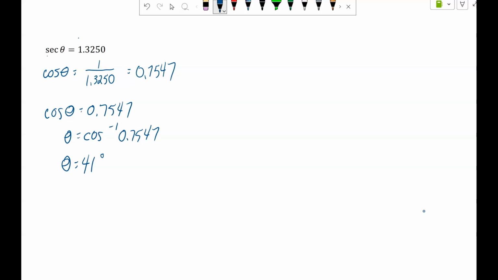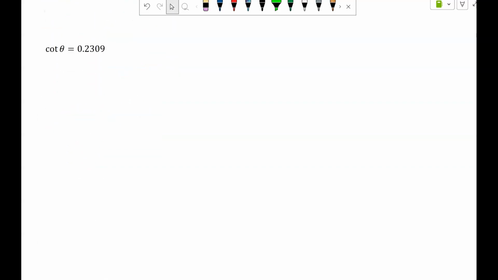I've got one more for you. And you can pause the video, give it a try. Okay, so cotangent is the reciprocal of tangent. So I'll change my equation to say that tangent of theta equals 1 over 0.2309.